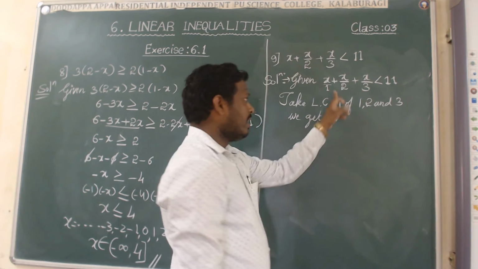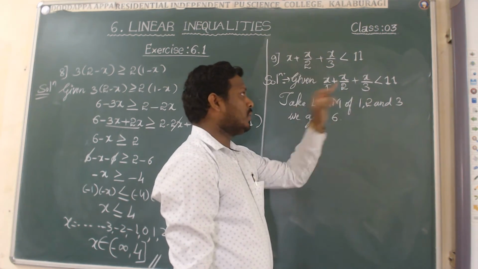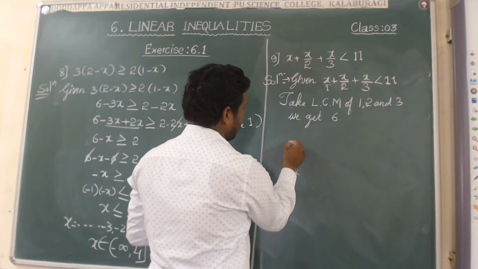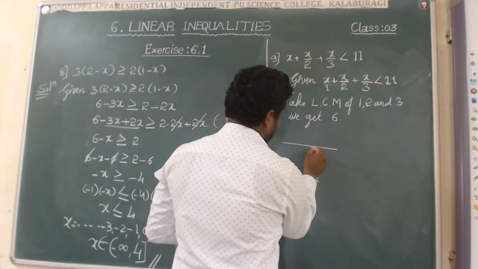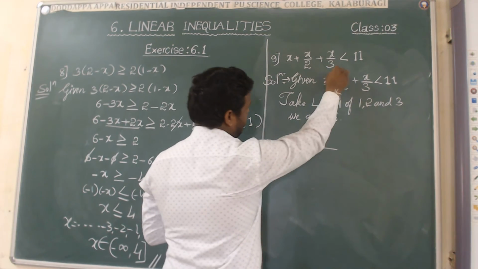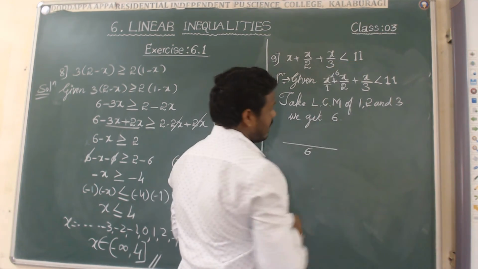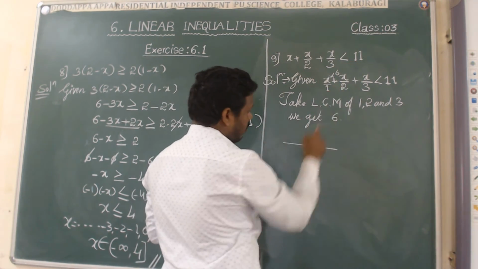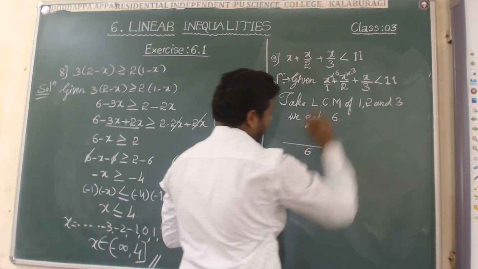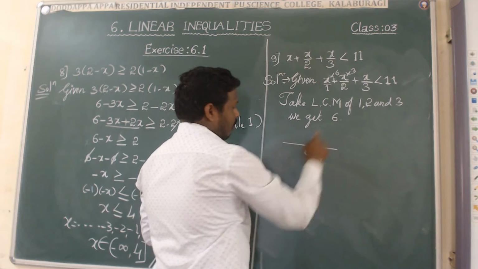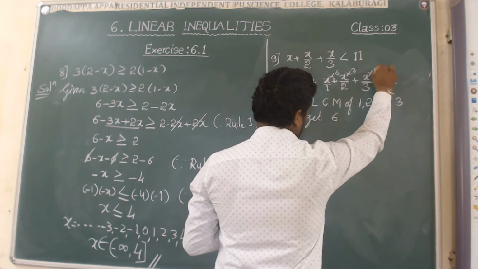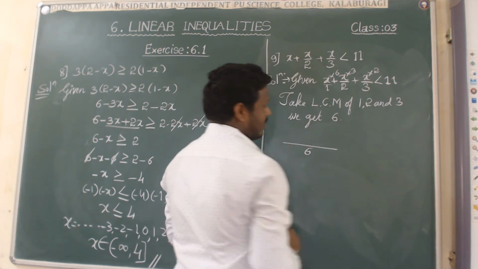So I am writing here 6. In the 1 table, when 6 comes, multiply its numerator by 6. In the 2 table, when 6 comes, 3 is there, so multiply its numerator by 3. In the 3 table, when 6 comes, 2 comes, so multiply its numerator by 2. Don't touch the 6, keep as usual.